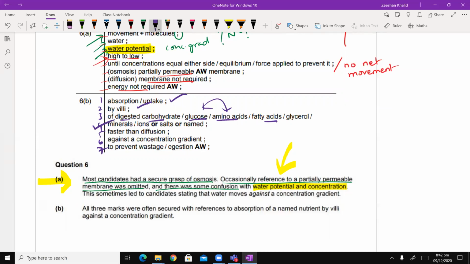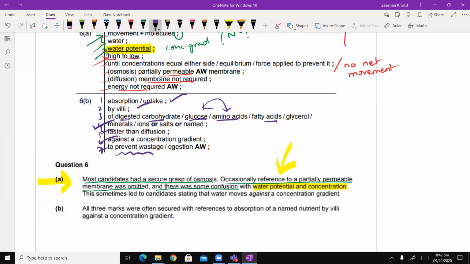Anyhow, mineral ions, also mineral ions, they're also faster than diffusion, against the concentration gradient to prevent wastage. ठीक है, prevent wastage किस चीज की? Of course, we don't want the amino acids and the glucose to go down the drain, as in, become the fecal matter. They need to be absorbed.